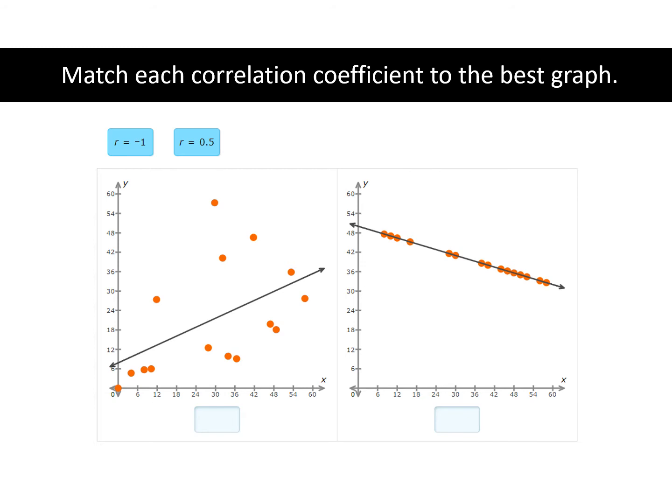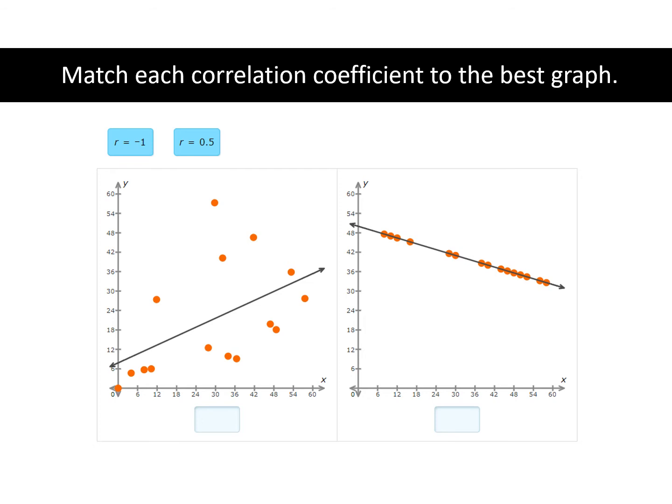All right, take a look at this slide and see if you can determine which correlation coefficient goes with which graph. And I'll give you a few seconds to make your decision. Okay, hopefully you're ready. If not, feel free to press pause. Again, we have R equals -1, which actually was the exact same thing in the previous example. And again, we talked about that would have a negative slope, and the points should lie along the line.